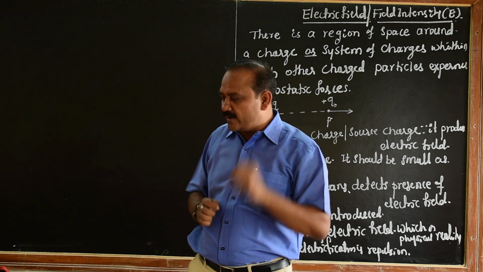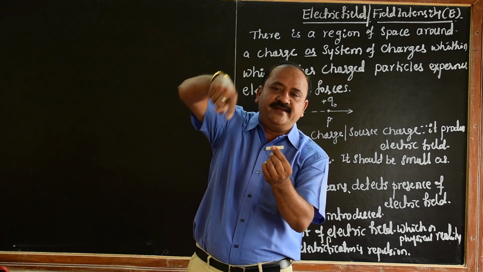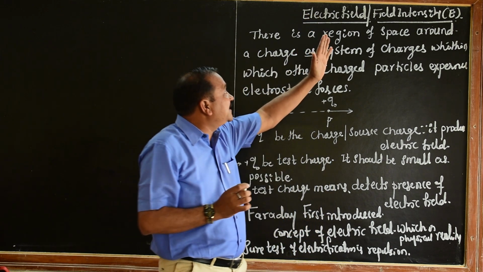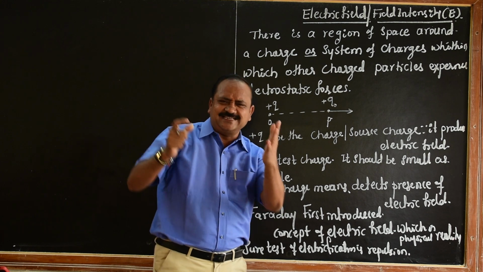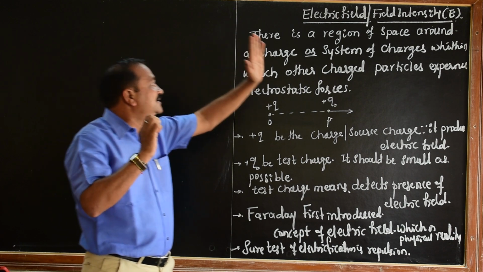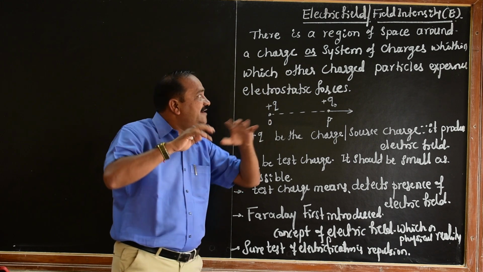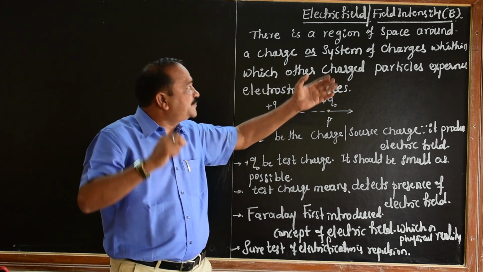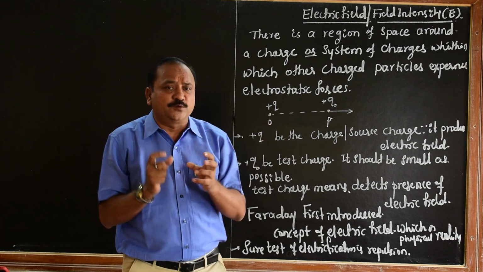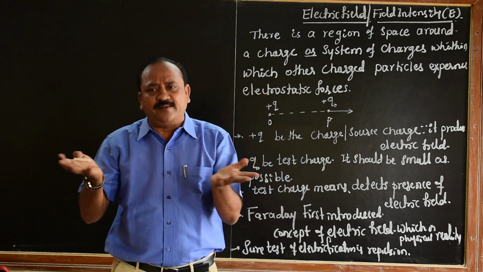You may take an object, say this is that object. The space surrounded by this object is its field. Now, the electric field: it's a simple one. The space surrounded by a charge or system of charges within which other charged particles experience some force, the electrostatic force of attraction or repulsion.